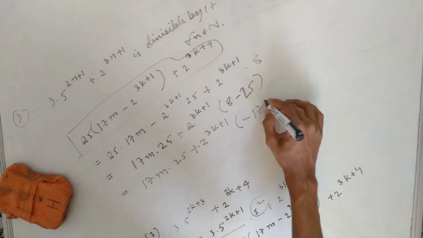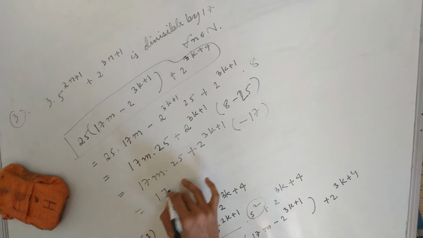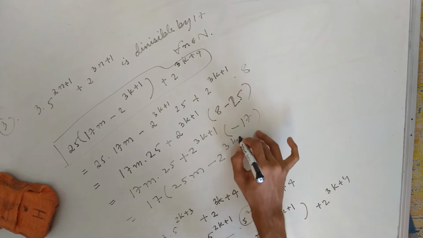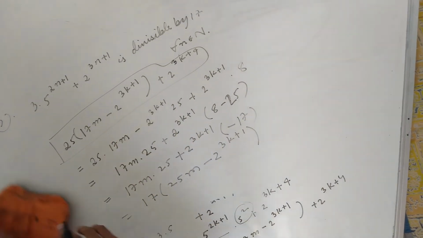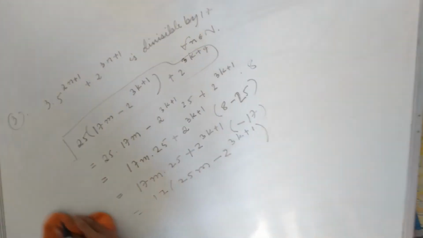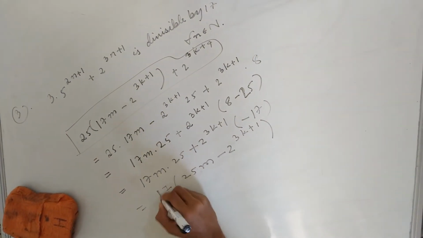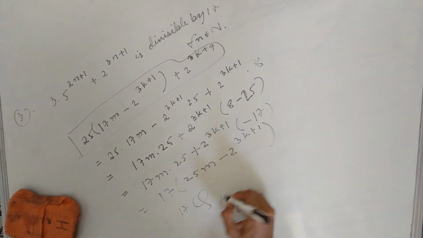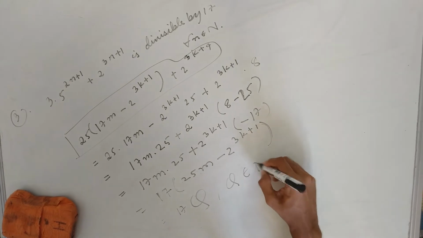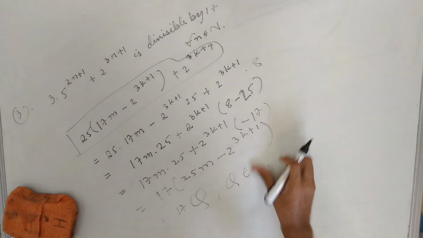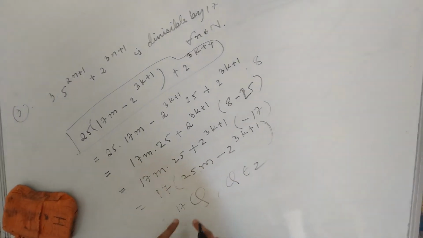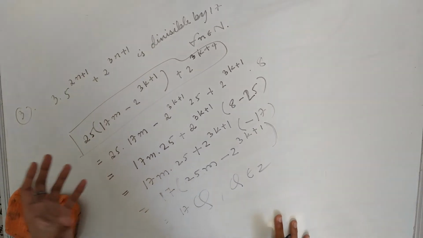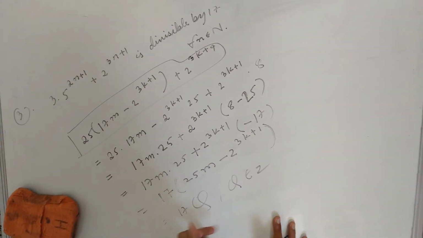If you take 17 common, you get 17 into 25m minus 2 power 3k plus 1, and this is our manipulated answer, what we actually wanted. We get 17 into something, 17 into q. This q can be any natural number, or any integer. So we arrived at 17 into something. It means that for n equal to k plus 1 also, the given set is divisible by 17.